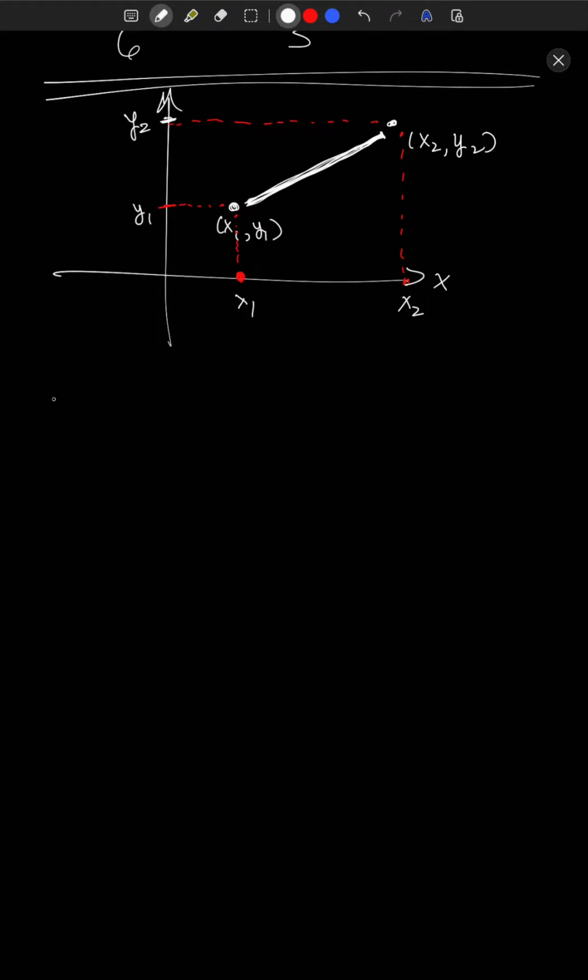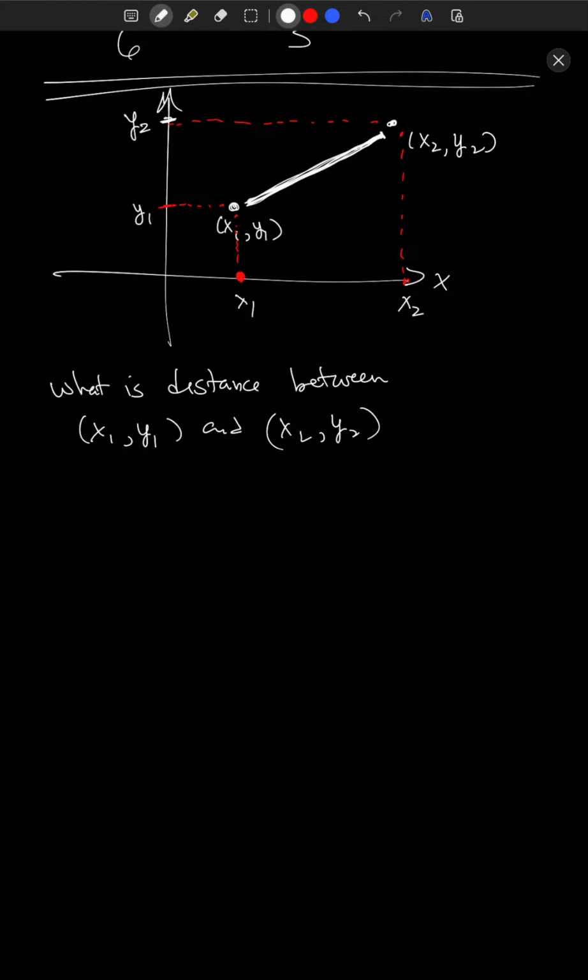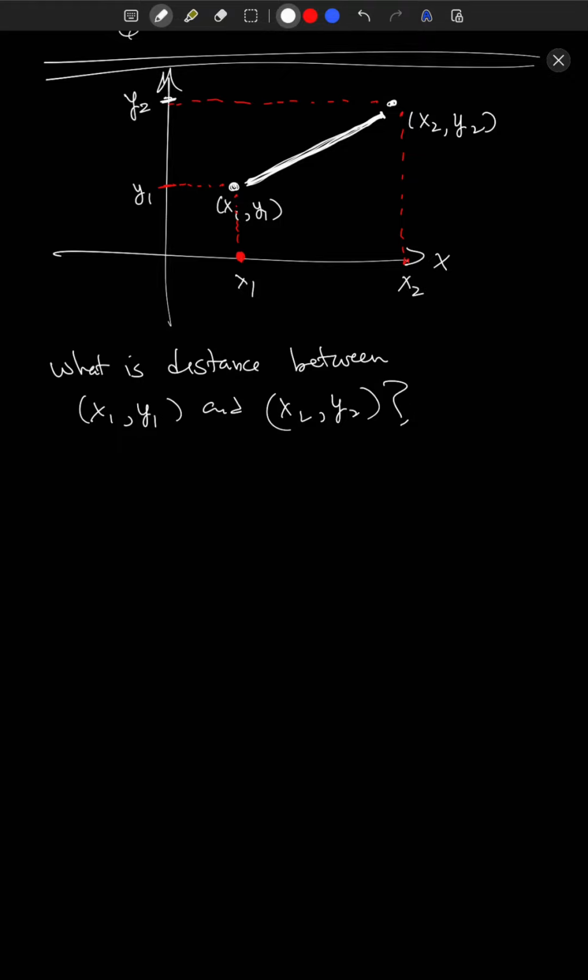So the question is, what is the distance between x1, y1 and x2, y2? It's a very natural question. You have a map with 2 points on it, and how far are those 2 points from each other? That's exactly this kind of question.